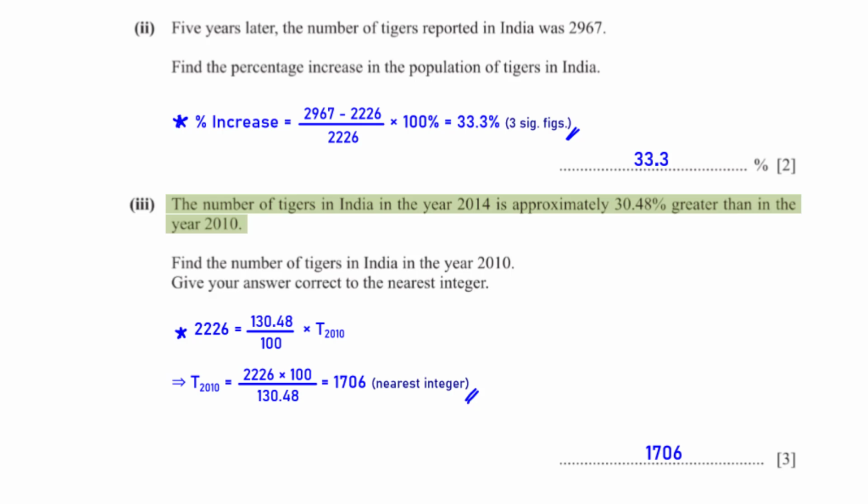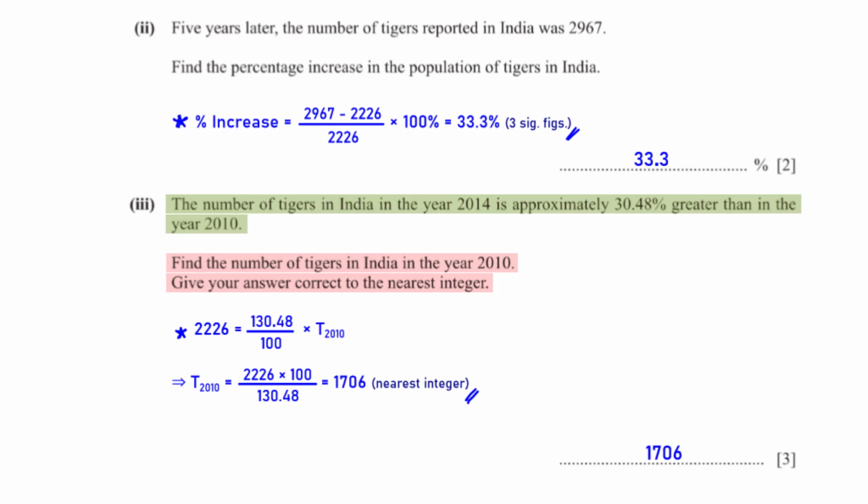The number of tigers in India in the year 2014 is approximately 30.48% greater than in the year 2010. Find the number of tigers in India in the year 2010. Give your answer correct to the nearest integer.